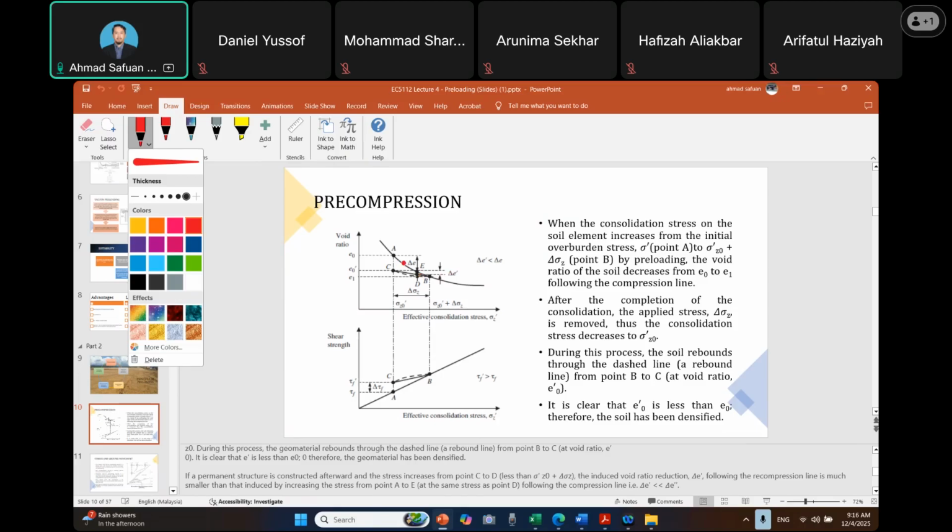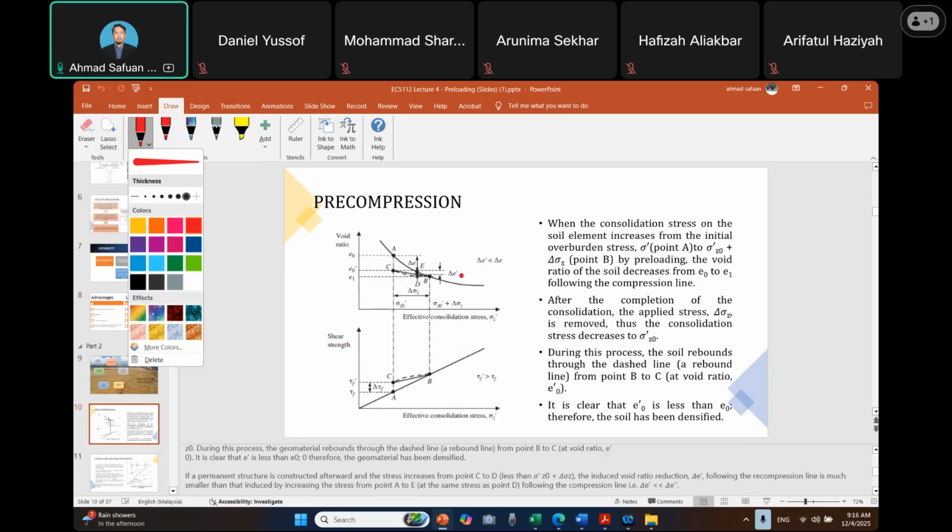Sorry, the delta e from the new proposed loading is less than the delta e during the preloading process.